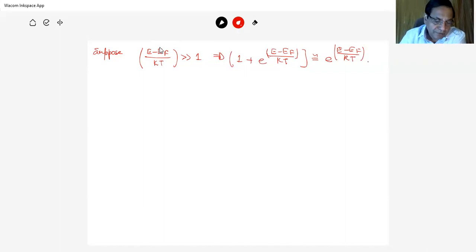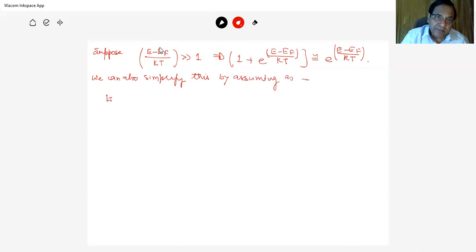So we can also simplify this by assuming E minus EF is equal to E minus EV plus EV minus EF.